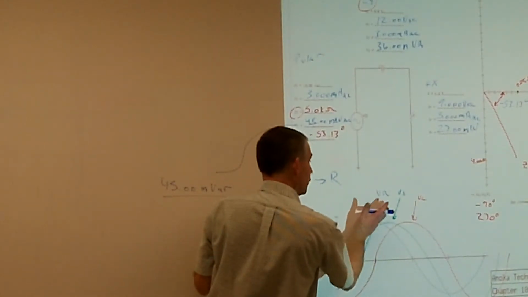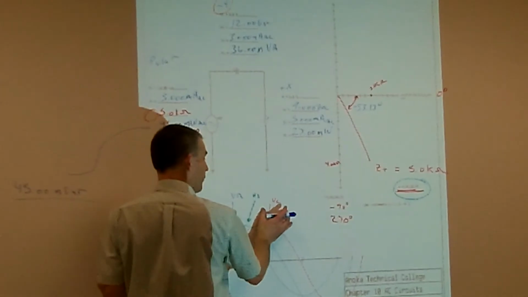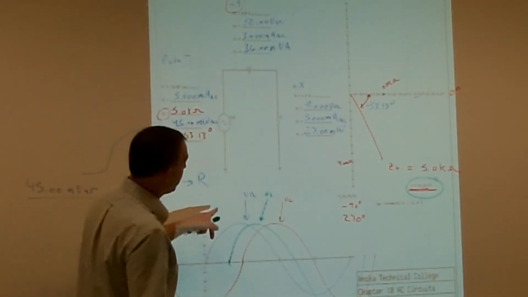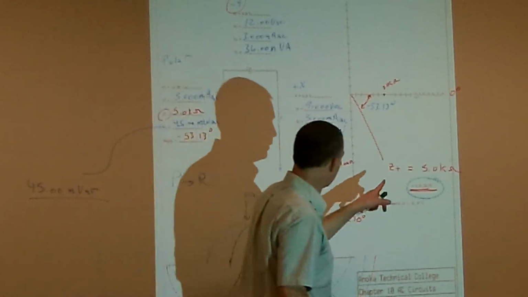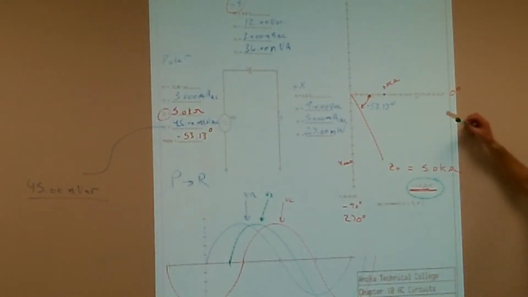So here are my three waveforms. We've got our voltage of our resistor, our voltage of our source, and then our voltage of our capacitor. And then where is my current going to be? Looking on my vector, where's my current? What's my current going to follow? VR. So where's my total current?